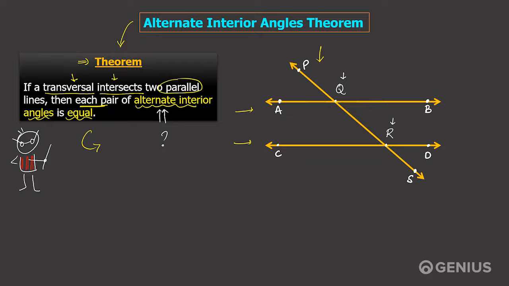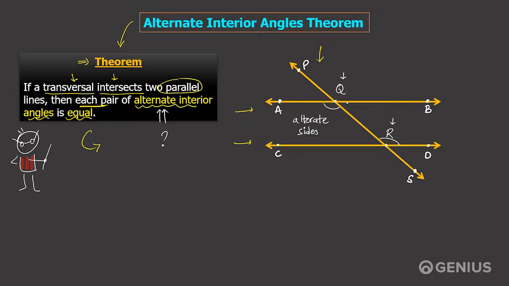अब ये कौन से angles हैं? Which angles are these? Yes, angle AQR and angle QRD. ठीक है, अब ये जो है this is one pair of alternate interior angles. Alternate क्यों? Because they lie on the alternate sides. Remember, याद है ना?